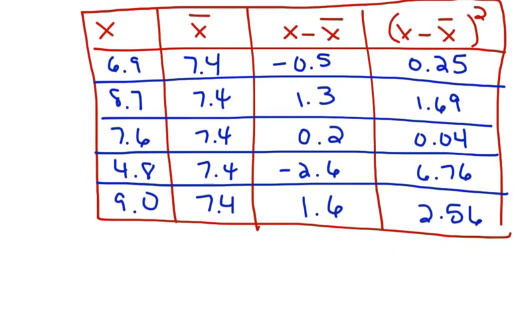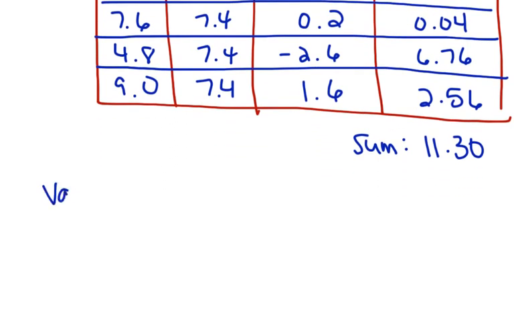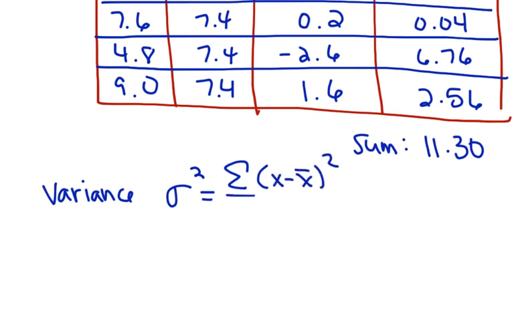Now I want to find the sum of all the squares. When I add the 5 numbers in the last column together, I get 11.30. So now, in order to find the variance, which is the sum of all the differences squared divided by the number of terms in my data, the sum of all the squares is 11.30.